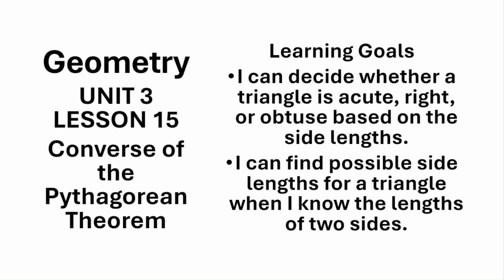Learning goal number 2, I can find possible side lengths for a triangle when I know the lengths of two sides. This is where first we said add the two sides together that I know, and those two must be greater than my missing side. So that gave me the high end of my range.